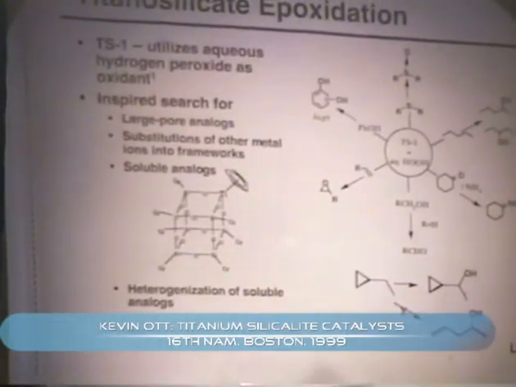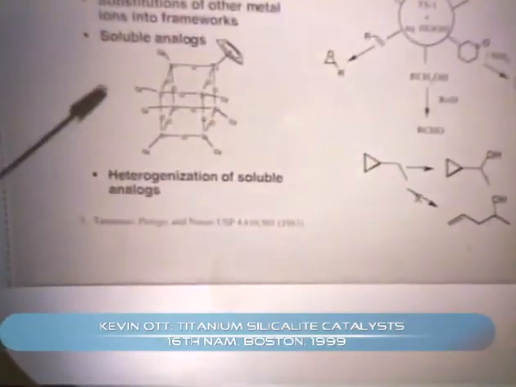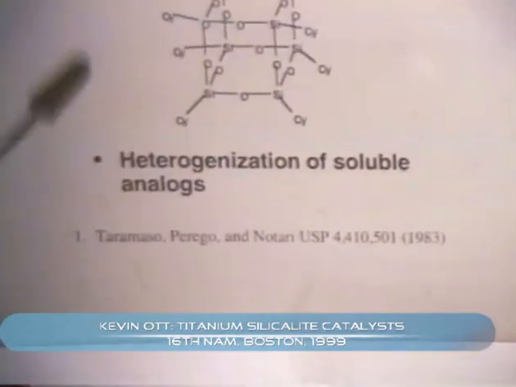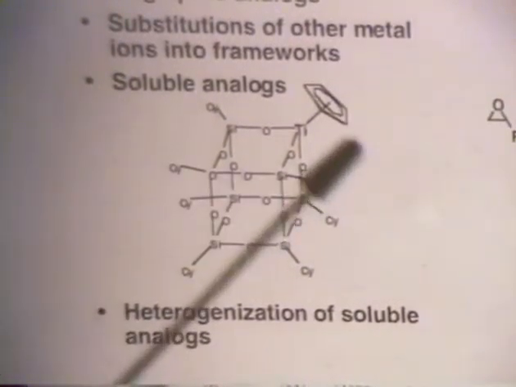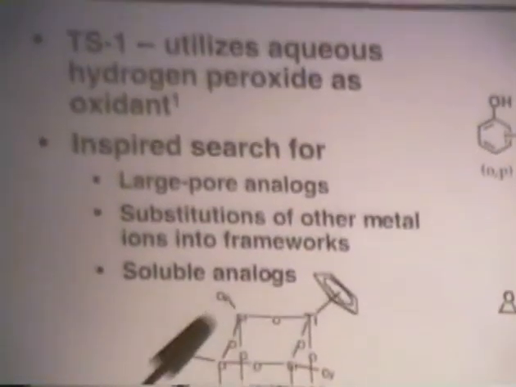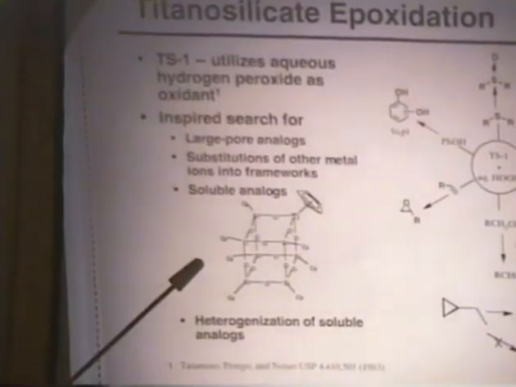Just to show you what these molecular titanium silicates look like, these were first described by Frank Feher at Irvine: cyclopentadienyl titanium at the corner of a cube of silicon. Each corner then has a cycloalkyl group on it, which renders these things soluble in solution.